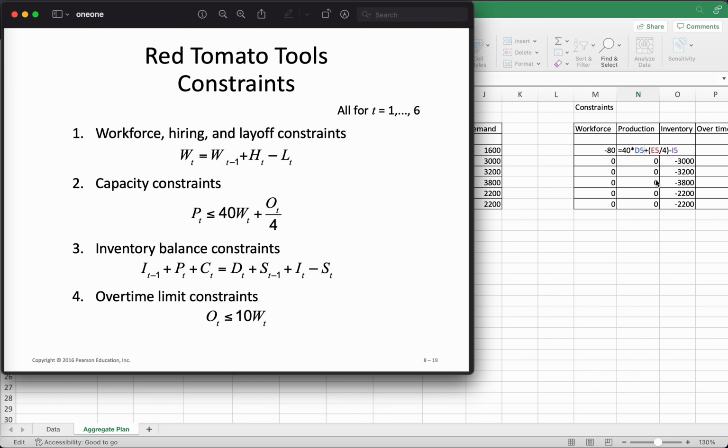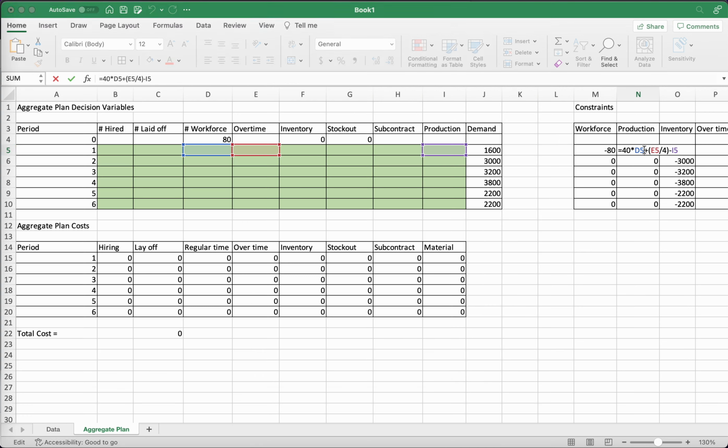So the constraint will be that all the numbers that you have here are greater than or equal to 0. You're just subtracting PT from both sides. So 40 times WT plus OT over 4 minus the value of PT has to be greater than or equal to 0. That's what the constraint is going to be here, right?